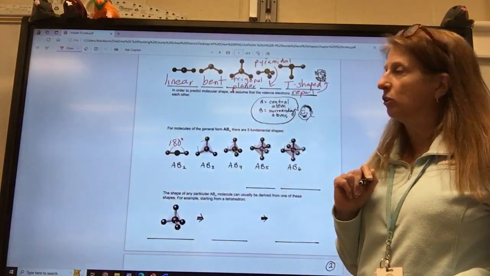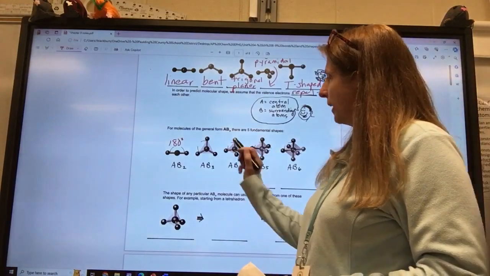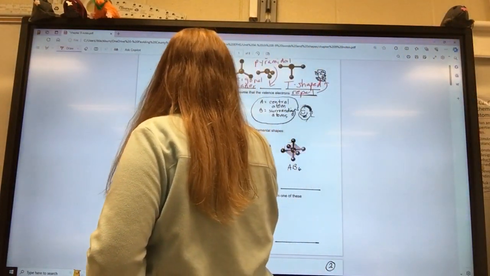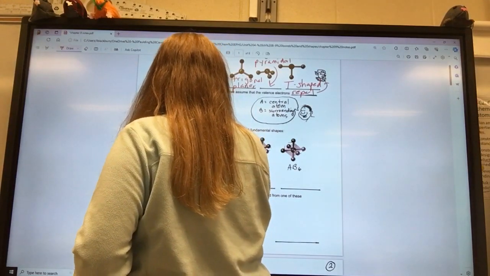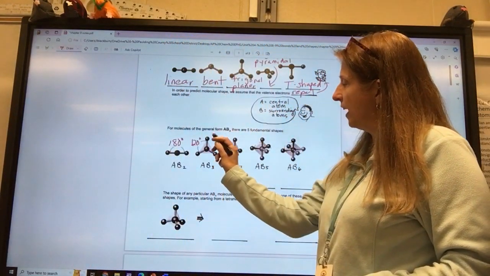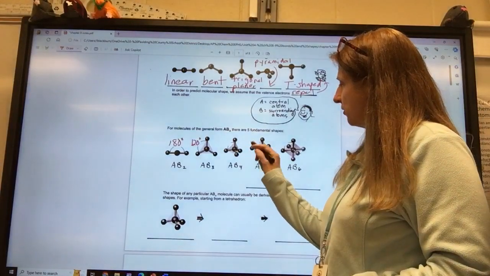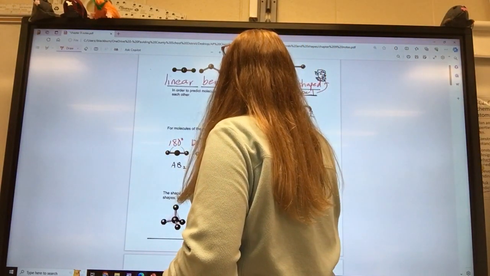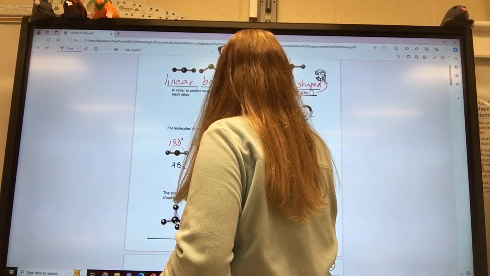So that's our linear. Here's our trigonal planar. And what did y'all say the degrees are? 120. Okay, so that's one central atom with 3 around it. This is a central atom with 4 around it, and that's our 109.5, our tetrahedron.